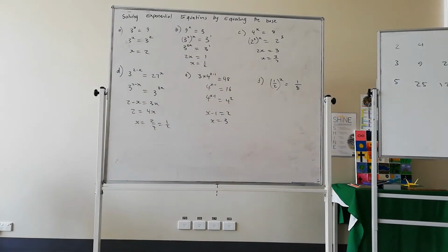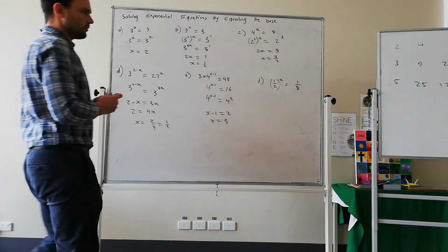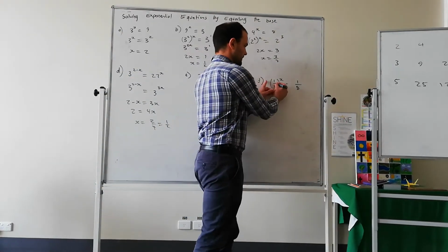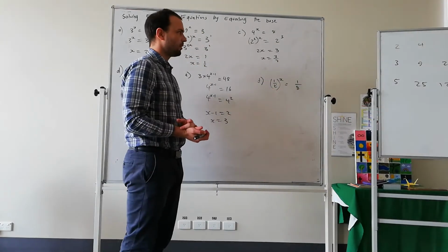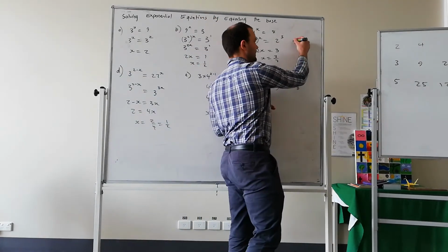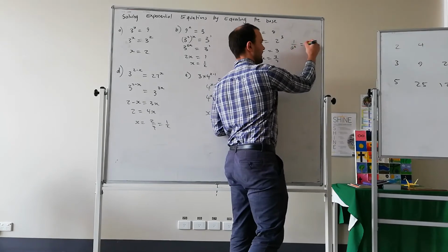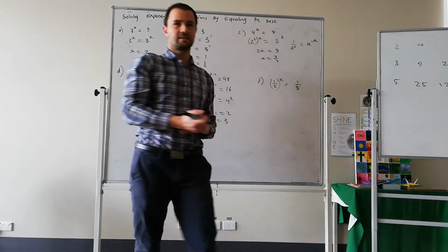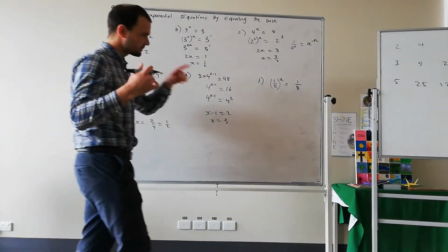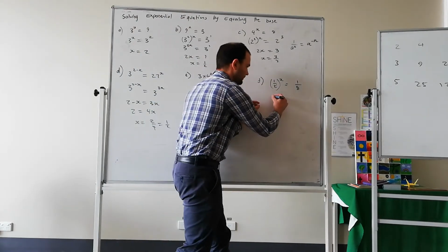Half to the x. This one's a little bit tricky. What we're going to recognise here, I'll talk about this side first, is we've got 1 on 2 to the power of 1. Now one of our index laws is 1 on a to the n is equal to a to the minus n. So that means we're going to express this as 2 to the power of minus 1.